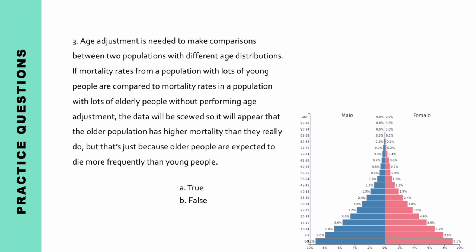True or false? True. That's why we perform age adjustment in a nutshell. It allows us to accurately compare mortality rates or other rates between populations that differ in their age structure.